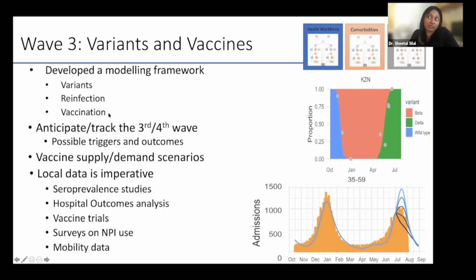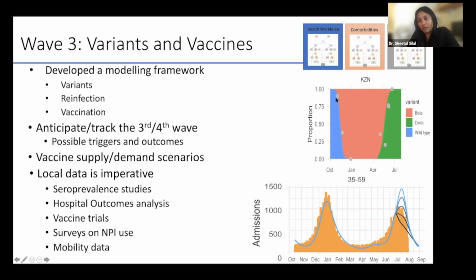At the time of wave 3, we didn't have any vaccines, but we were thinking about planning. And so we included vaccination in a very loose manner for wave 3, because we weren't sure what vaccines we were going to be using and what the effectiveness of those vaccines would be against the different variants.